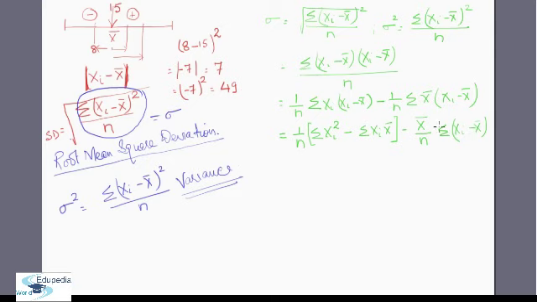Now if you look at this summation (xi minus x bar), this is the sum of the deviations from the actual mean. And what do we know about this?